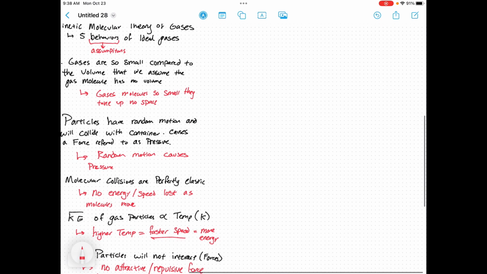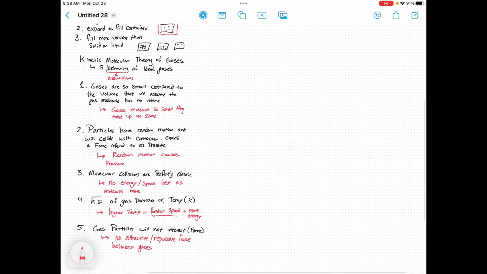So based on these assumptions, there are 5 different measurements that we can take, or we'll stick with 4 for now.